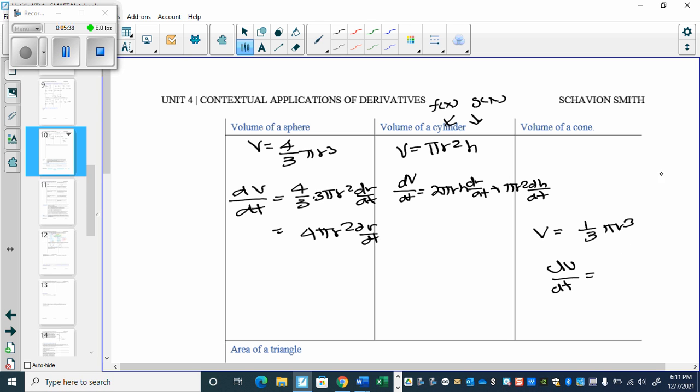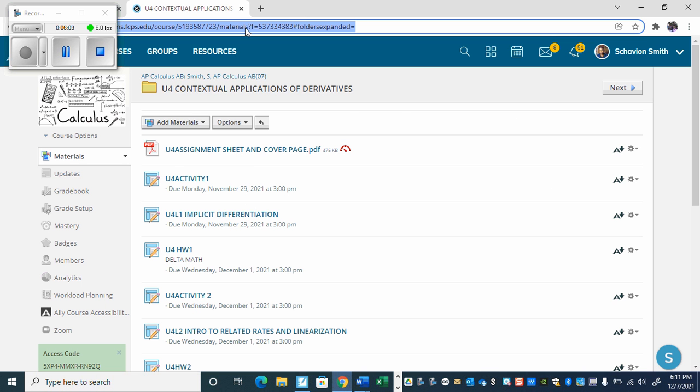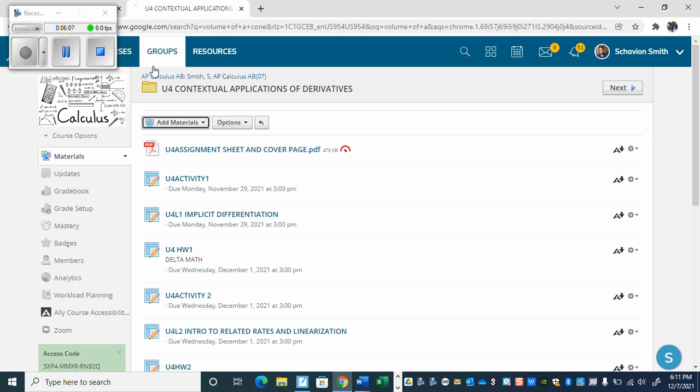Making sure I did this right. Volume of a cone, pi r cubed, nope, pi r squared h. Let's make sure that is correct. Remember, when I don't know something, I'm going to Google volume of a cone.